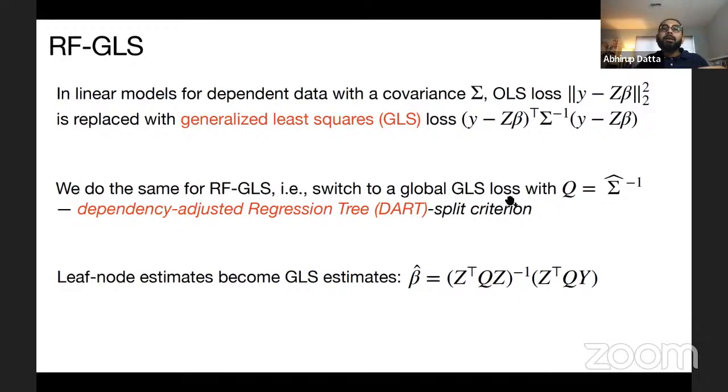So it's a direct analog of what we do in linear models. When you have a covariance matrix, we do not use the ordinary loss function. We would use the generalized least square loss function, and we do the same thing in random forest. When we have spatially dependent data, we use the generalized least square loss for node splitting, and then the node estimates just become the GLS estimates.